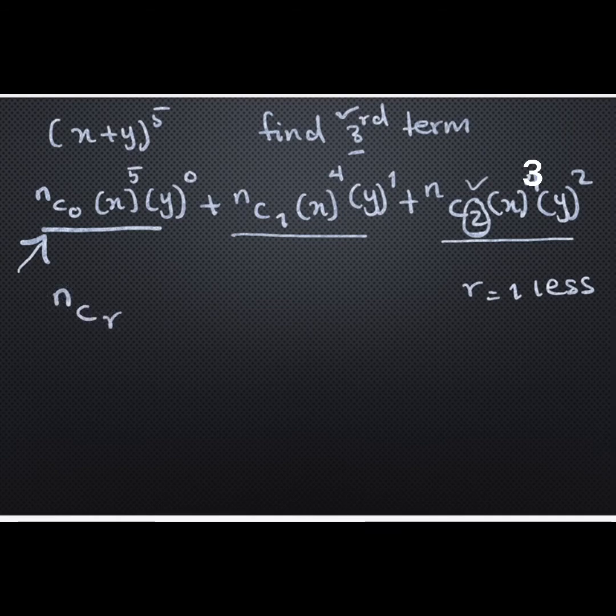Now let us put in the formula. nCr x to the power, that is our general term, okay, using the general term. Now you don't have to expand like above if you know this formula. So n is equal to 5, right? In the question n is equal to 5, (x plus y) to the power 5. So our n is 5, then our r will be 1 less, I said, isn't it?